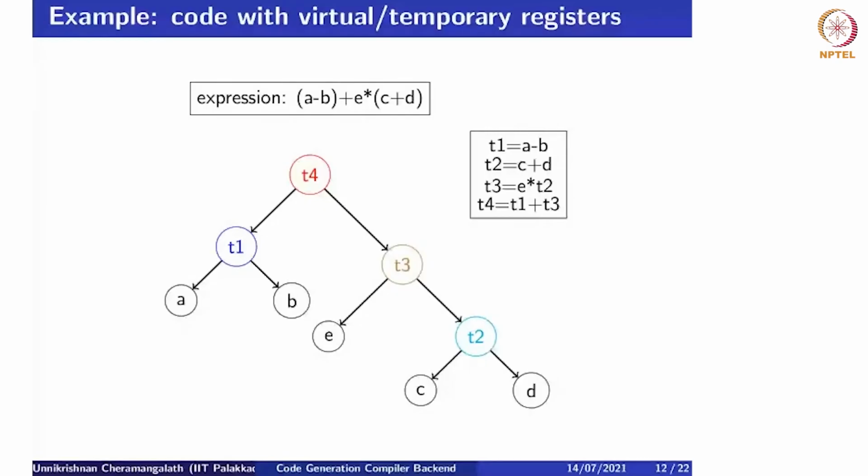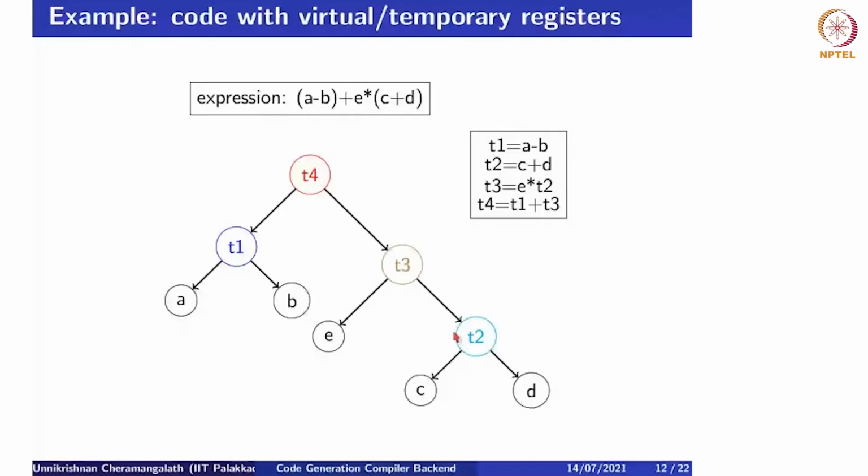For an optimal number of registers, you have to convert these virtual registers to the actual physical registers. I already mentioned in the machine model that there are n registers. So how should a code generation algorithm be designed so that you use an optimal number of registers? T2 is not a part of the actual high-level language code or the intermediate code.